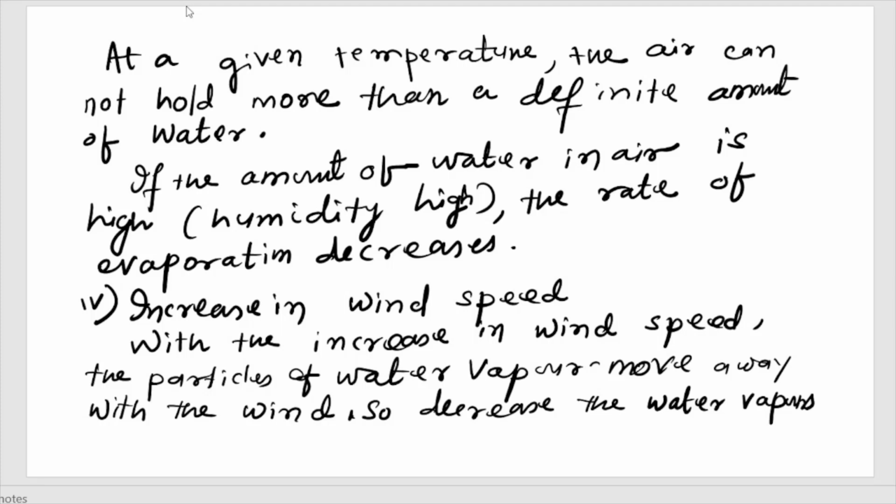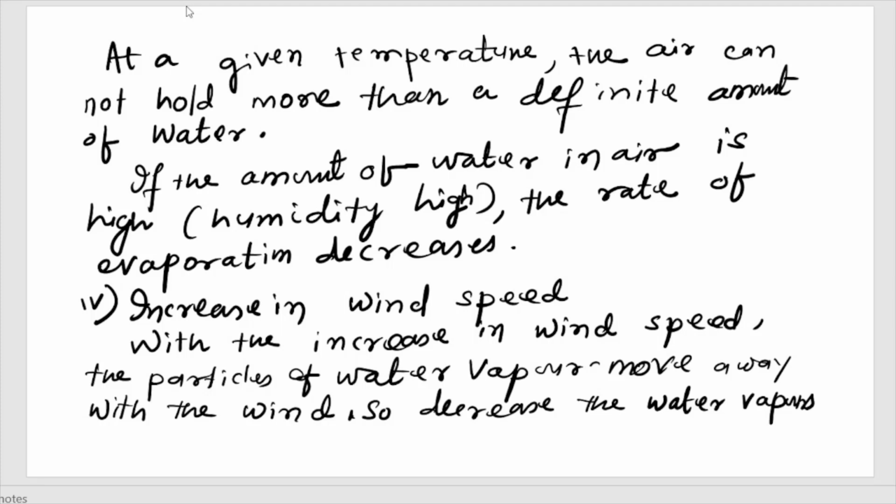If the amount of water particles in the air is high, it is called high humidity. If humidity is high, the rate of evaporation decreases. Then the clothes you spread outside will not dry easily. It is time taking.